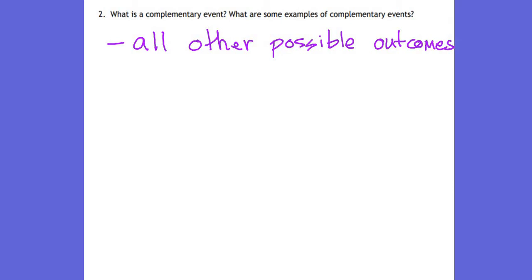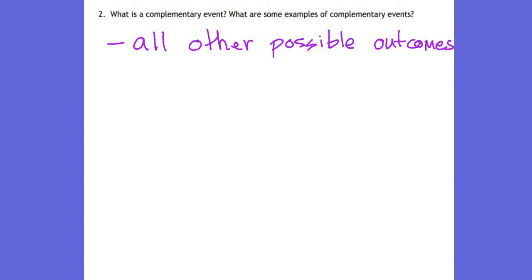It's a list of all other possible outcomes. So if I had a heads and tails coin, and I'm looking at the head side, what else could it land on? Tails. So its complementary is tails.